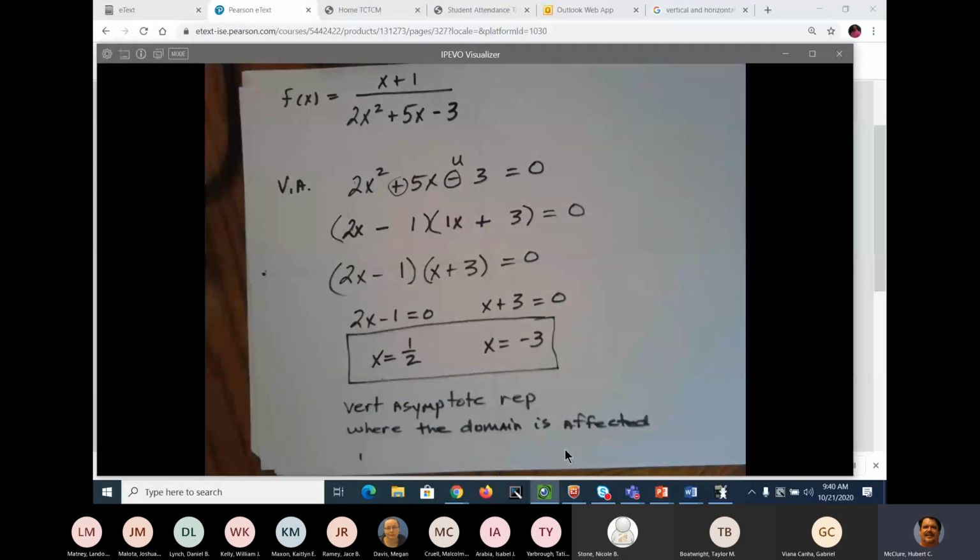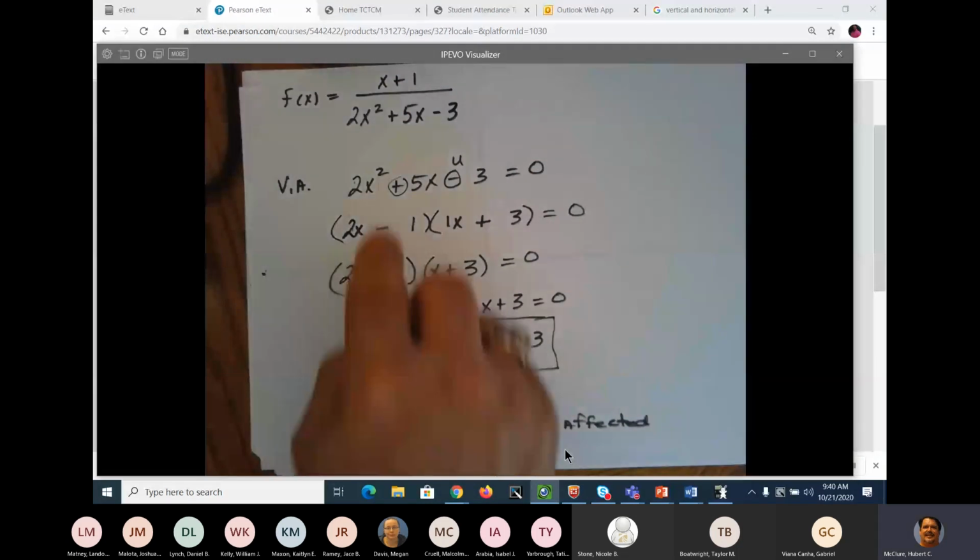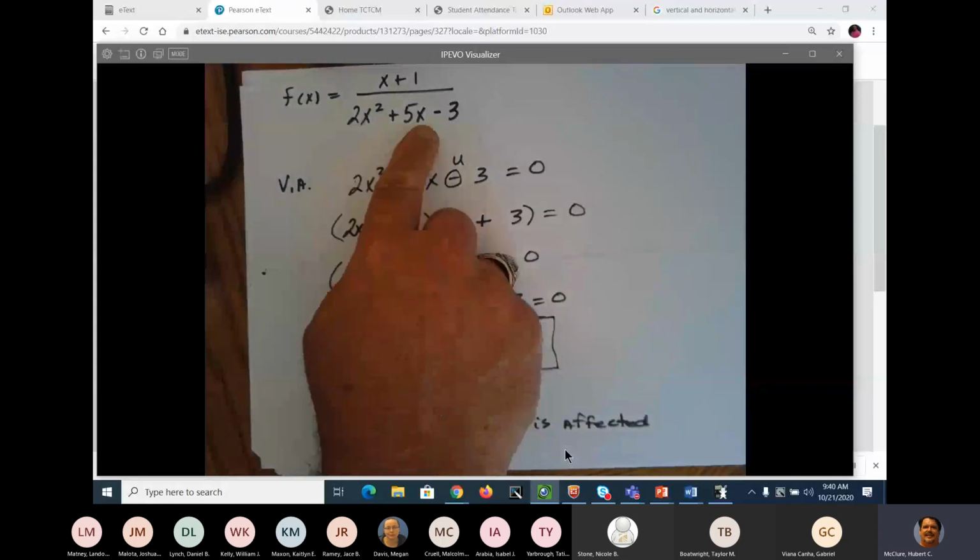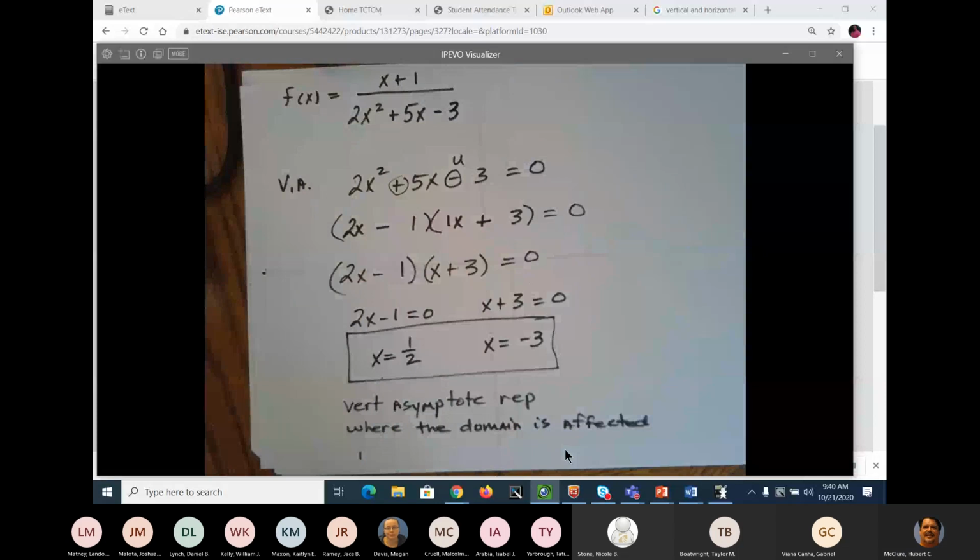This is a rational. What happens when you plug 1/2 into this function? What's going to happen? Somebody tell me. Somebody's got to have some kind of a guess.